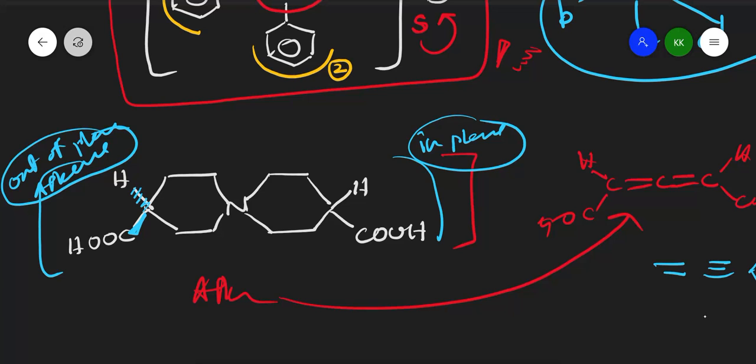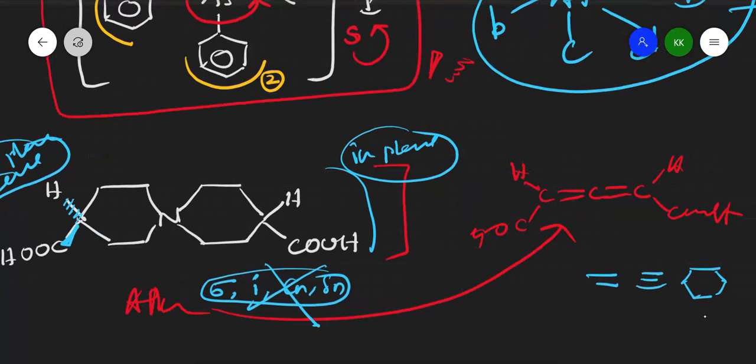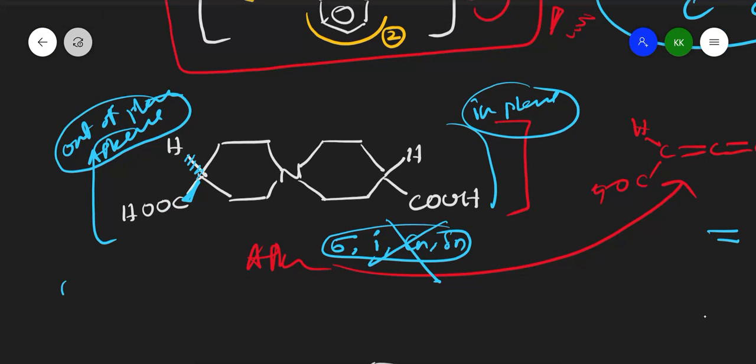There are no symmetry elements like plane of symmetry, center of symmetry, or axis of symmetry, because of which it will show optical activity. If they ask, you have to write it is optically active.